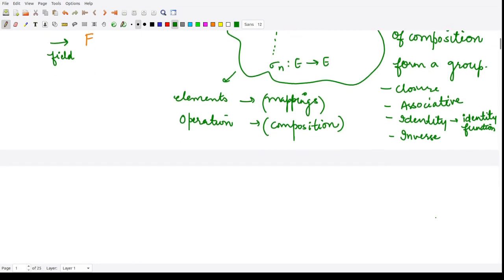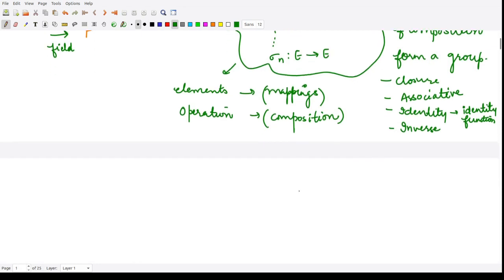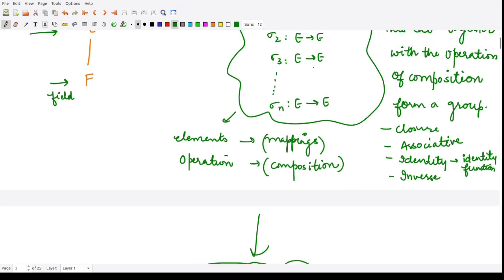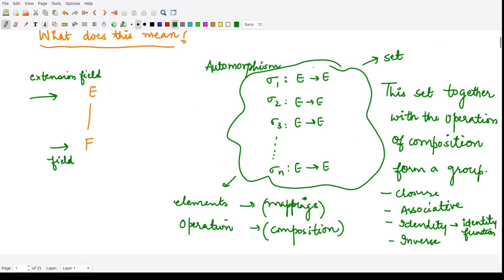we are saying, now what we do, we take some very small portion of this particular big group. So that is, I am calling that as H. Now this also contains automorphisms, because this is nothing but a subset of the given set of automorphisms.